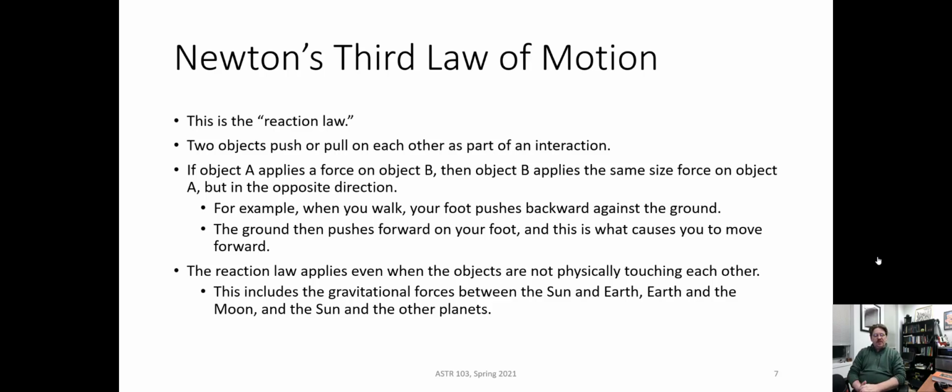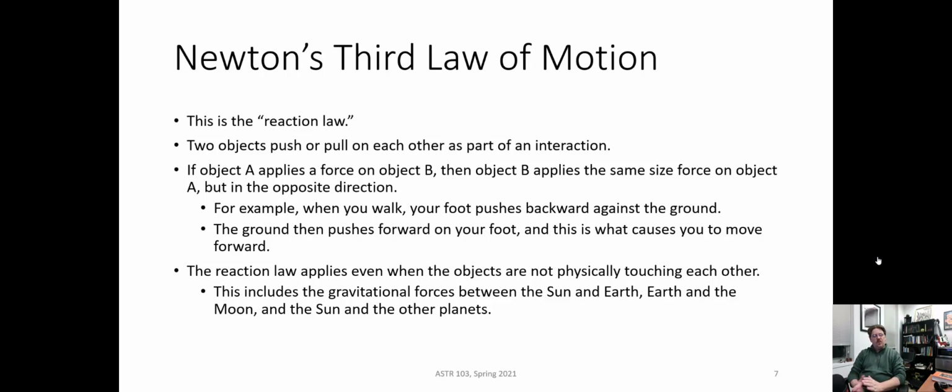For a more terrestrial example of Newton's third law, walking is a fine example. When you walk, you push back on the Earth, and then the Earth pushes forward on you. That allows you to propel yourself.